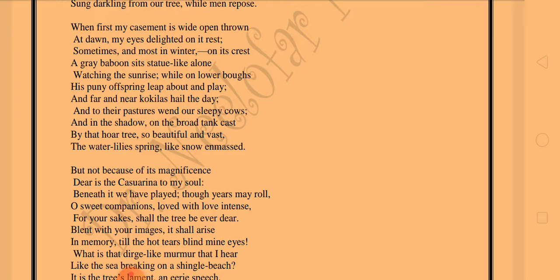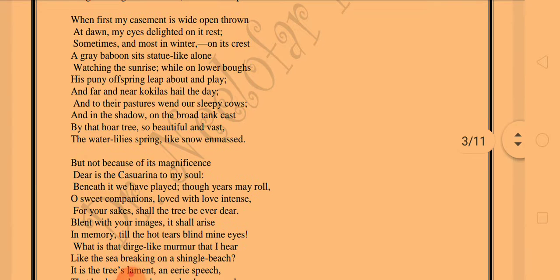And to their pastures went our sleepy cows, the cows who are full of sleep, they move to the pastures. And in the shadow on the broad tank cast, by that whole tree so beautiful and vast, the water lilies spring like snow in mast.